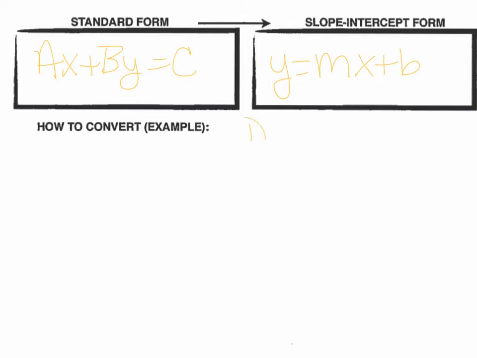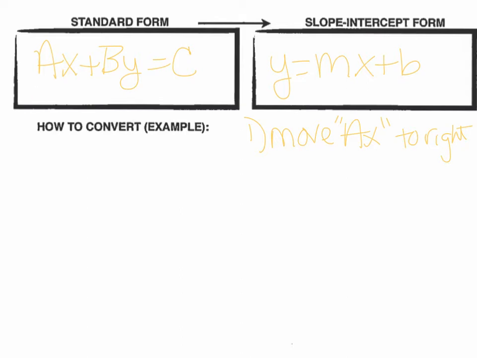The first, if we're starting in standard form, is to move ax to the right. That's simply because when you look at our slope-intercept form here, the x term is on the right-hand side, whereas in standard form it's on the left.